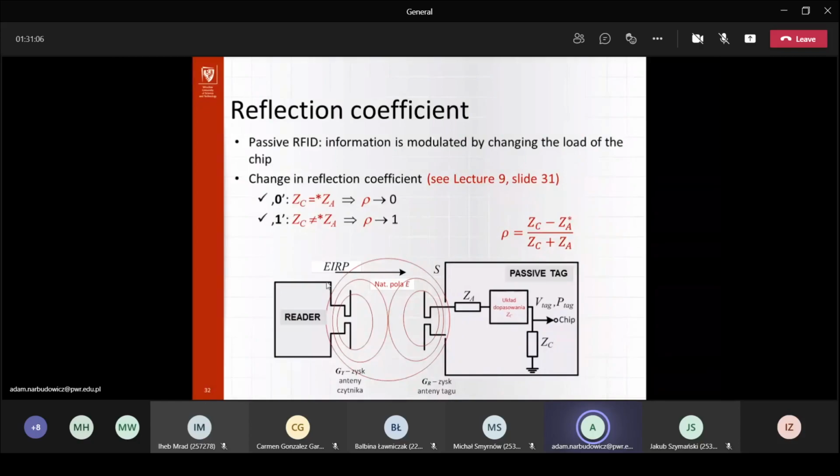So for instance, if you top up your ticket for public transport with a certain amount of money, that money will not really be held on your passive tag. Your passive tag would only transmit this number, and the amount is actually recorded in an external database. Okay, so that's the message here.